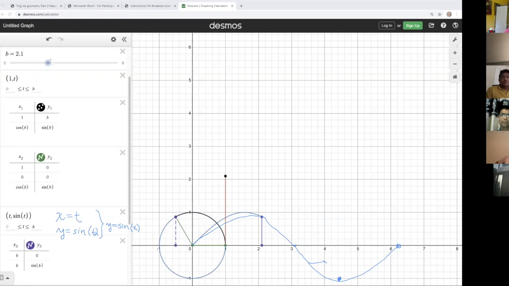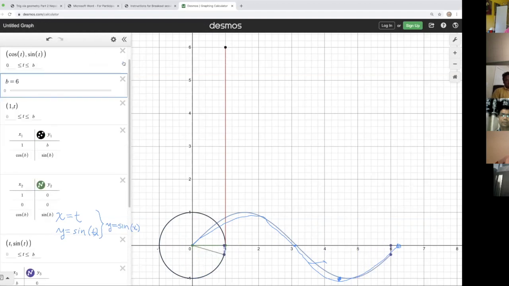And so if we extend this, it should create a graph that would follow the sine curve. And if we wanted to go farther out, we could just change this maximum to, say, 8 or something, and that would allow us to graph more of the sine curve. We could even graph it for negative values, but we don't have the geometry set up to see all the relationships for negative values.